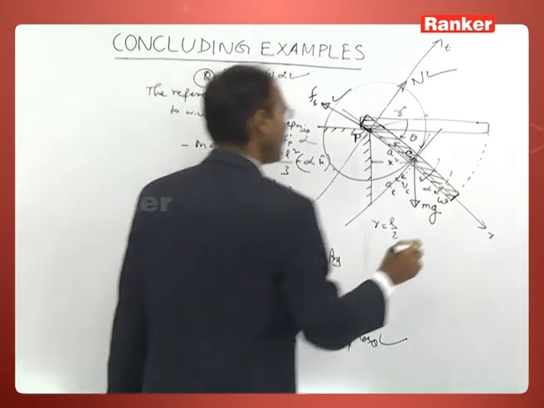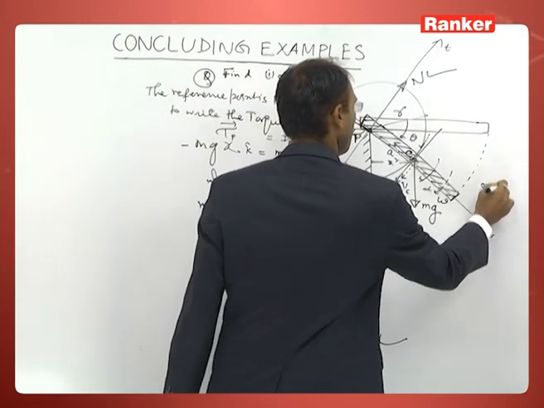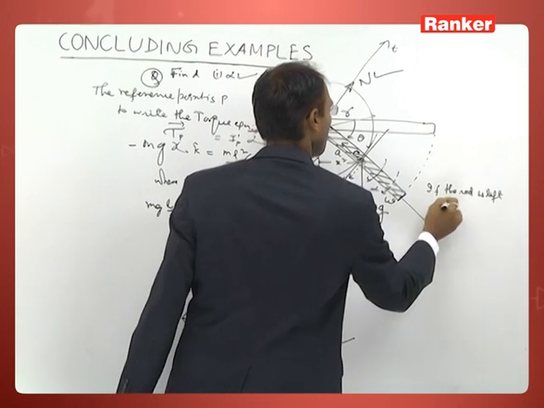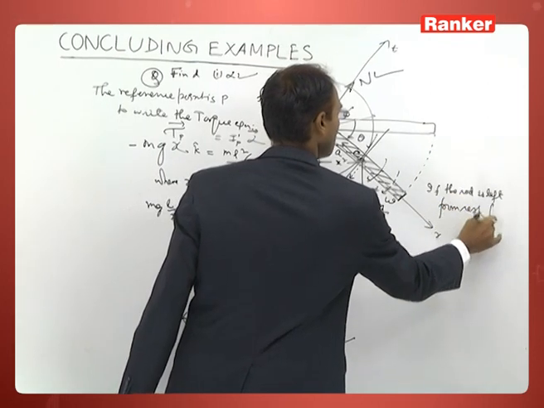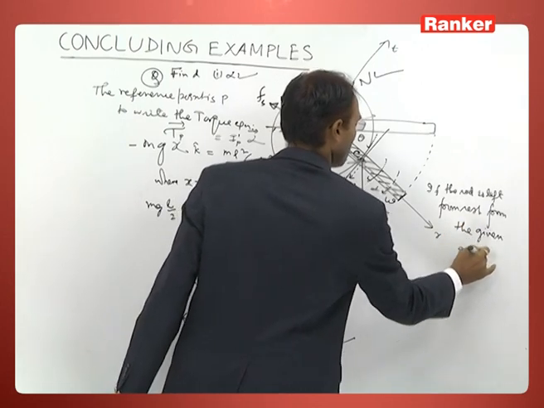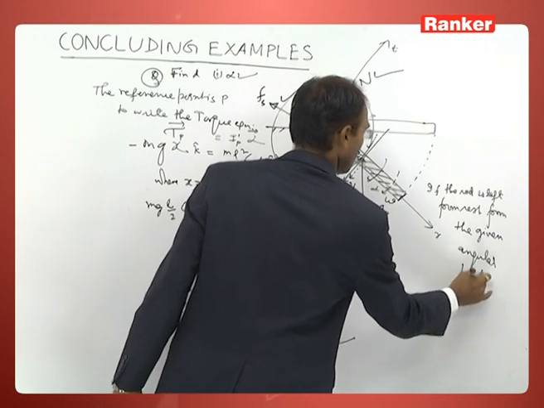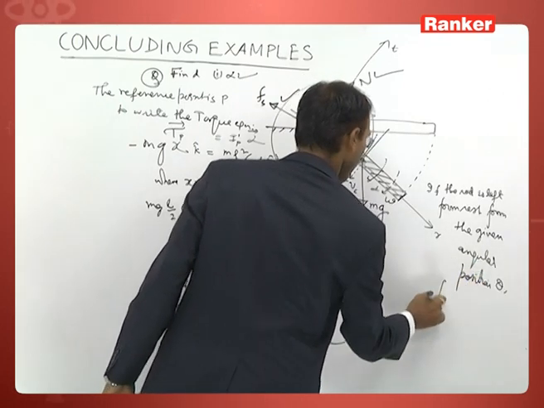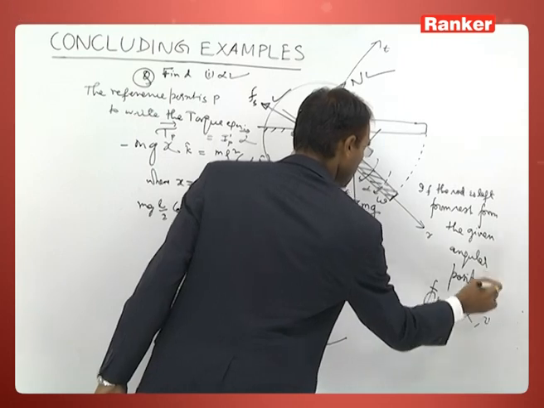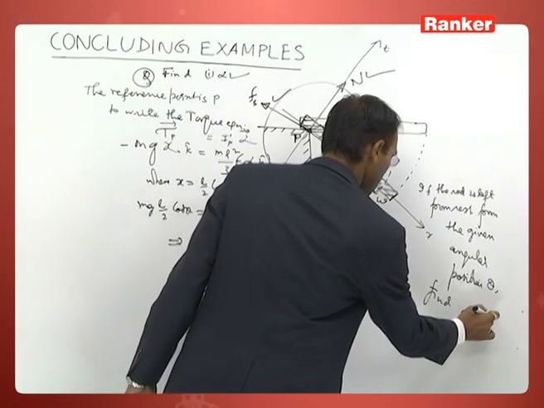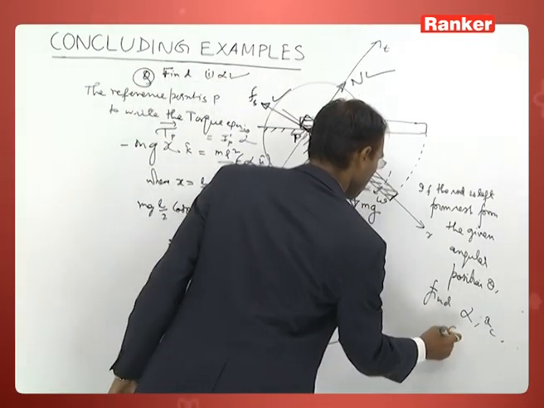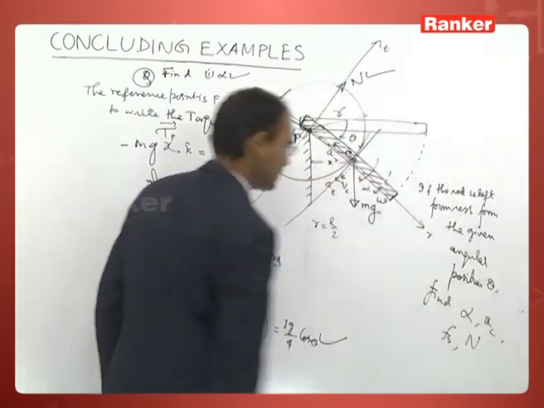And the question: if the rod is left from rest from the given angular position theta, find alpha, find acceleration of the center of mass, and find frictional force, find the normal reaction.